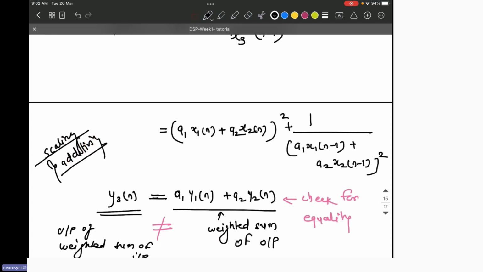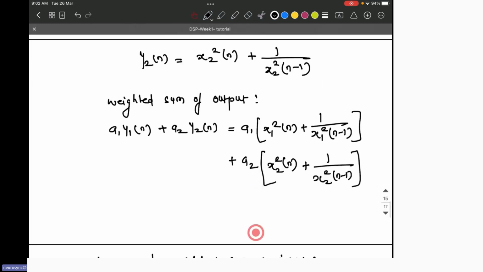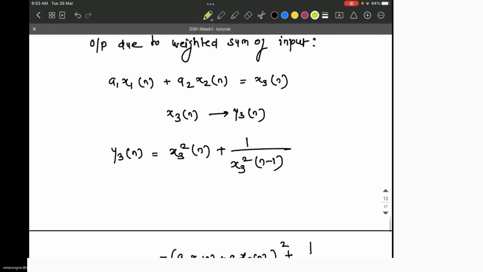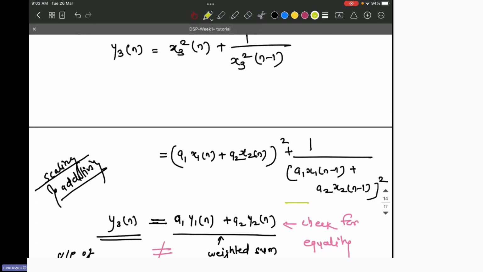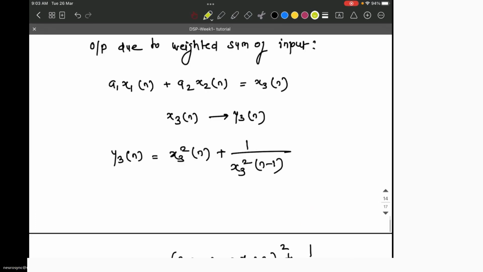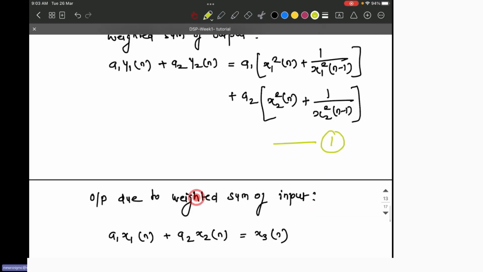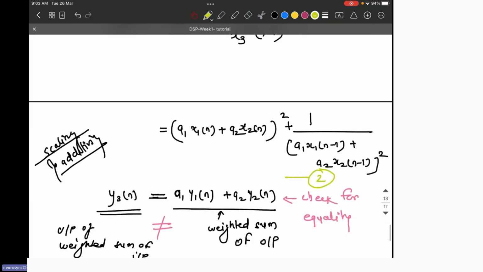Okay. Now by looking at this expression, let us say this is my expression 1 and this is my expression 2. Now if you look at expression 1 and expression 2 here, are they same?